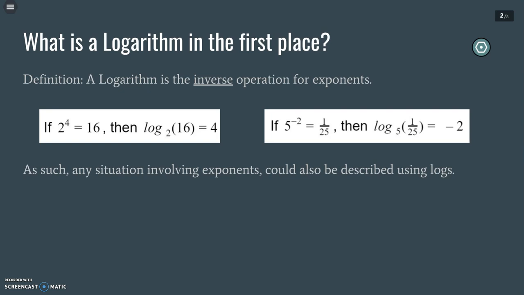Same with 5 raised to the negative second power is 1 over 25, 1/25. The logarithm at base 5 of that fraction 1/25 is negative 2. So anything we've done with exponents can be described using logs.